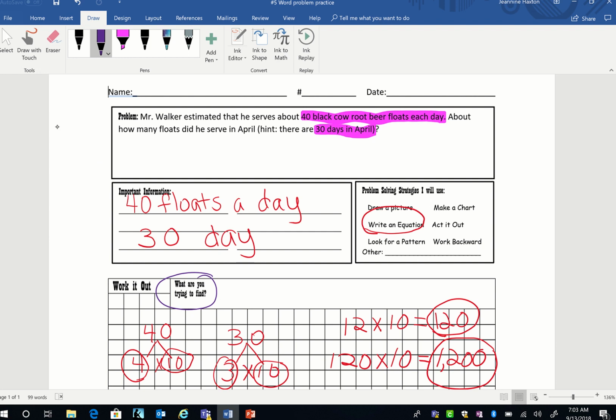Okay, so how many floats were served in April?